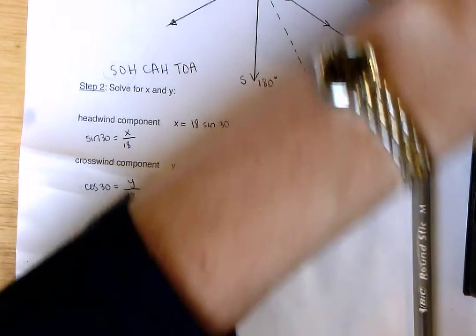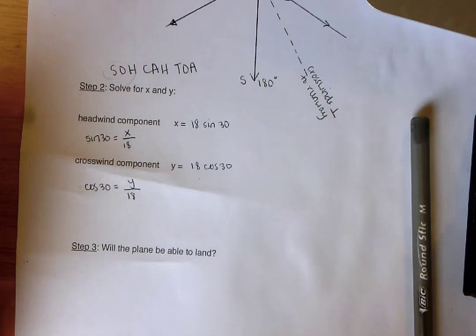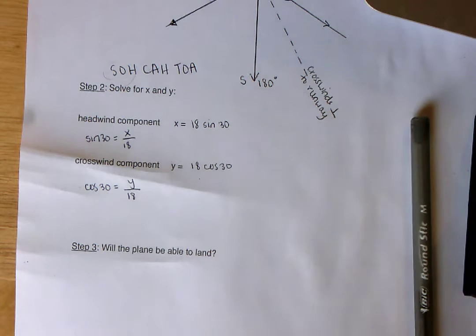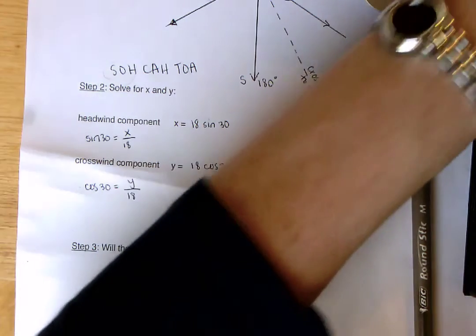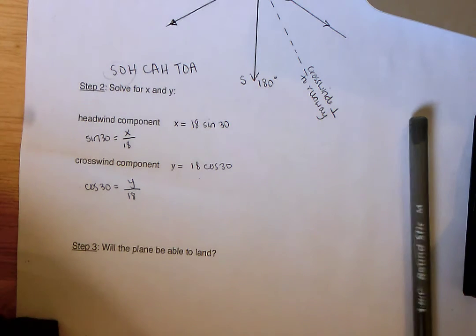So if I put in that 18 cosine 30, and I'm putting it in right now, as soon as you get a calculator that's working here, we can find our answer and see, again, that the goal is to see if it's less than 15 knots. That's what we want, and that's what they said.